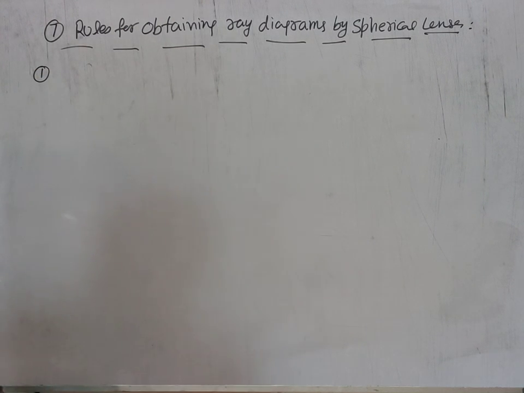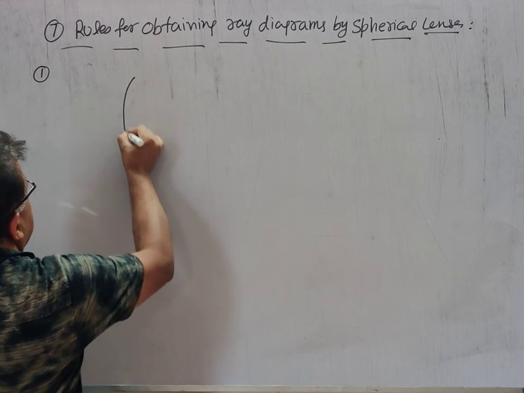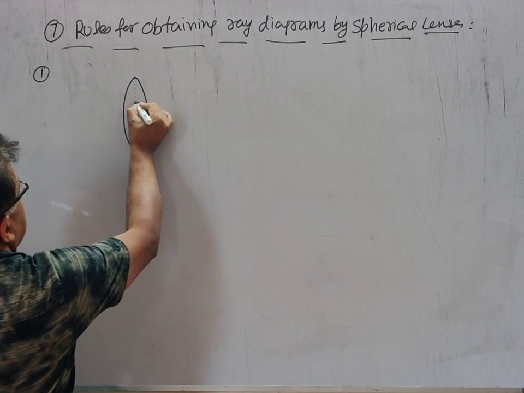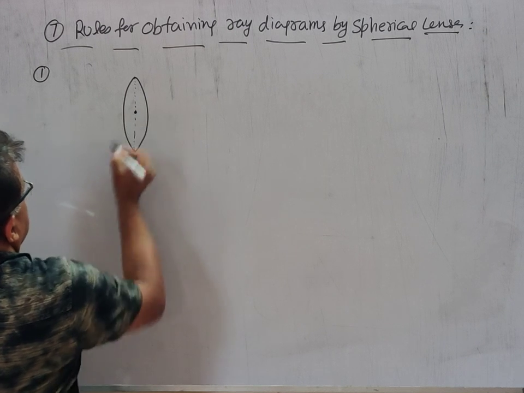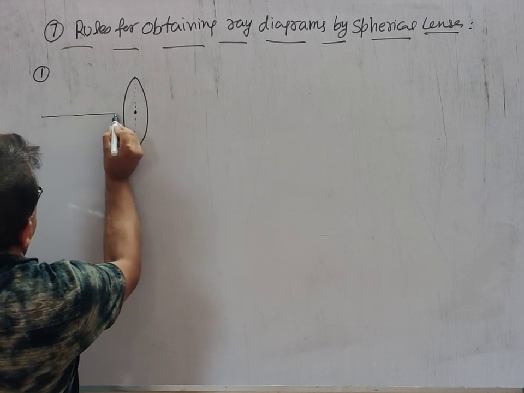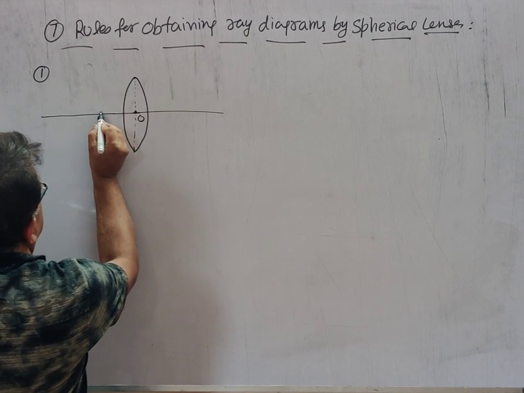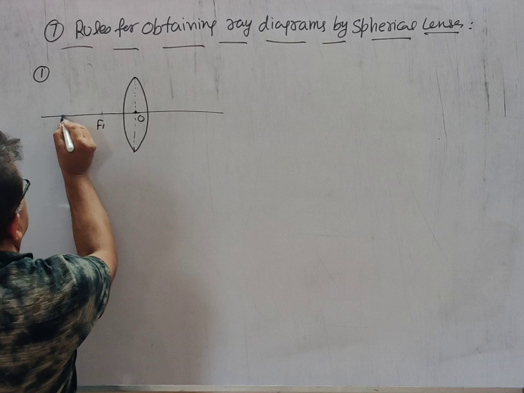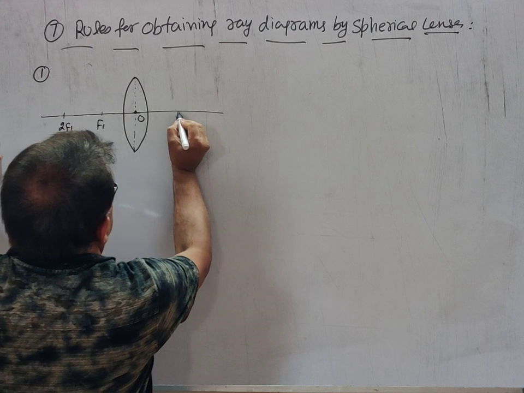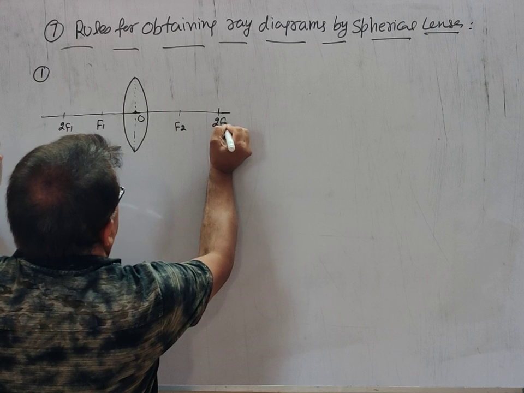The first rule is that, it is a convex lens, it is optical center, it is F1, it is 2F1 or center of curvature C1, it is F2 and it is 2F2.